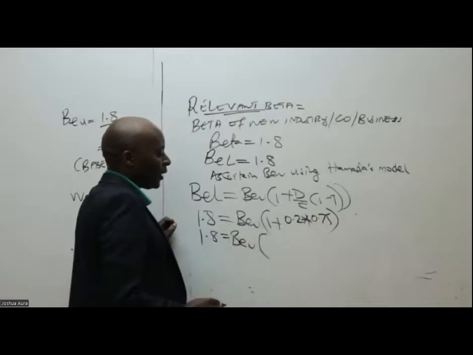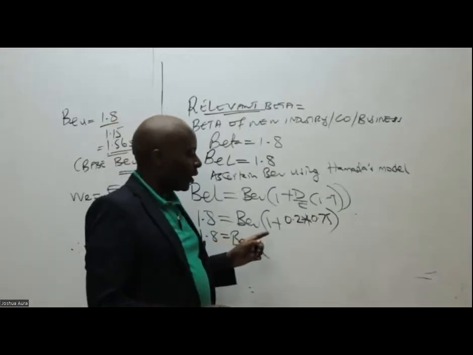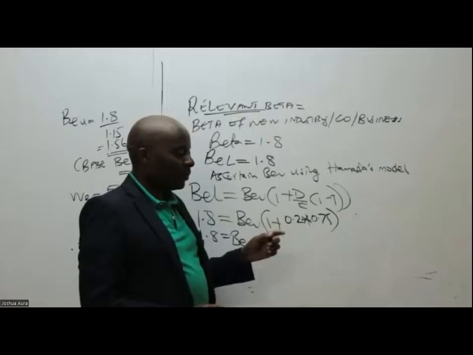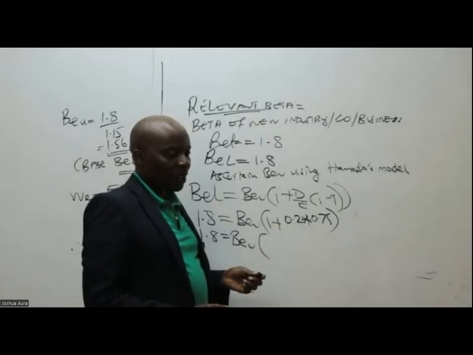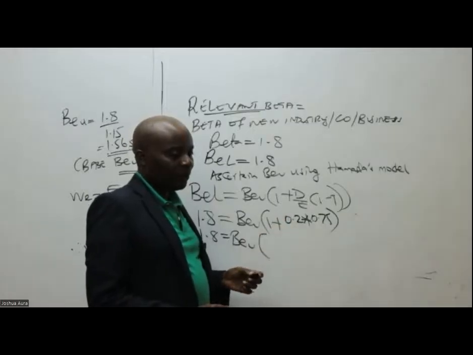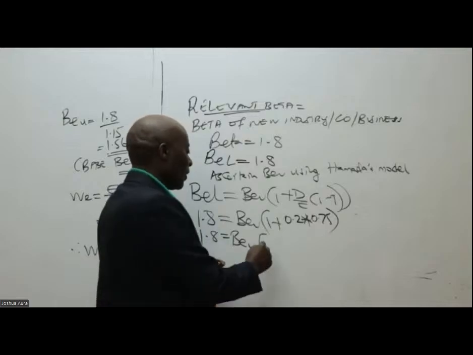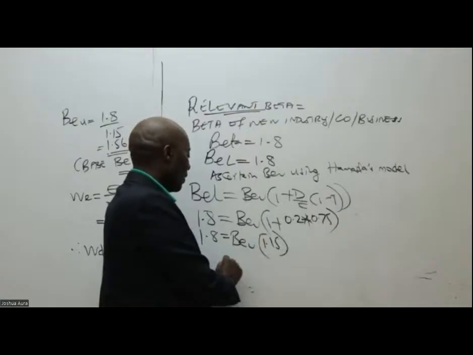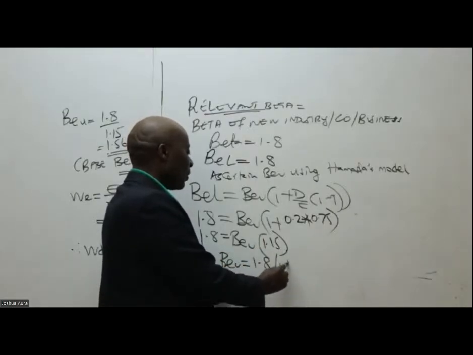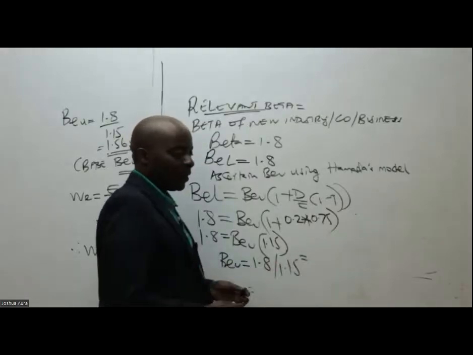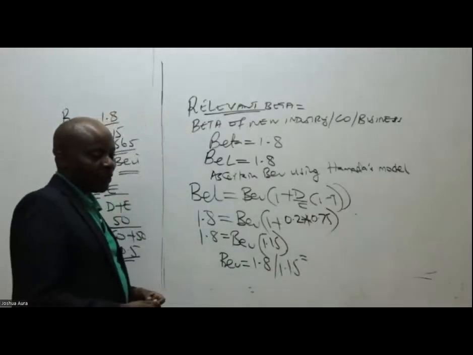What do we have in brackets here, somebody? 1 plus this times that. 1.15. So if I make BEU the subject, it will be 1.8 divided by 1.15, which gives me the same answer as the one that you had obtained.